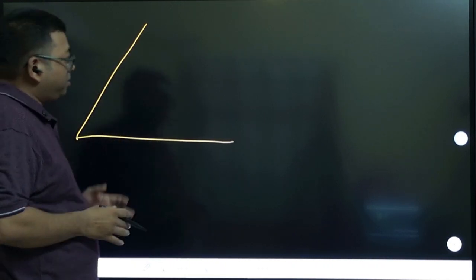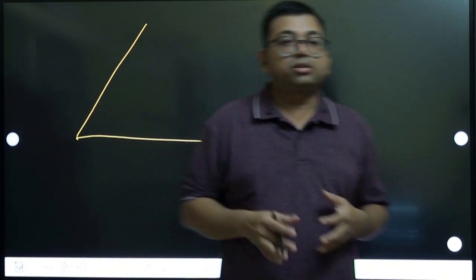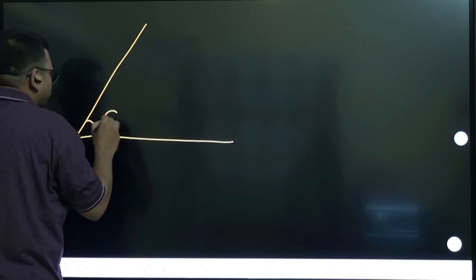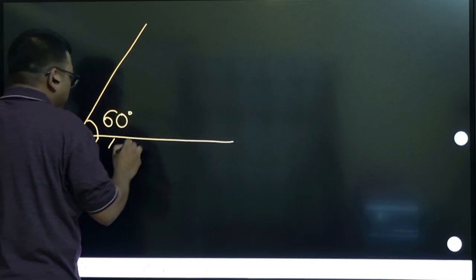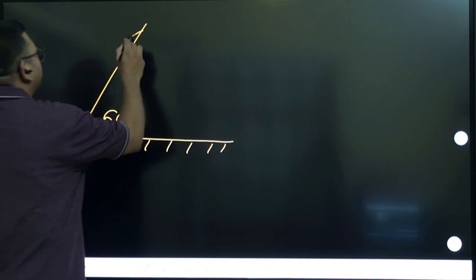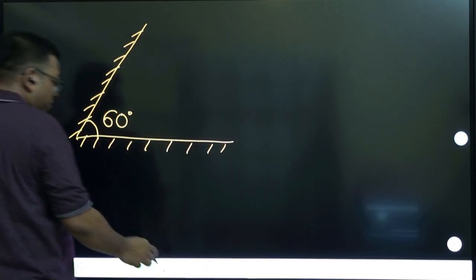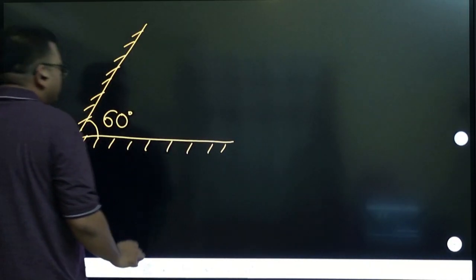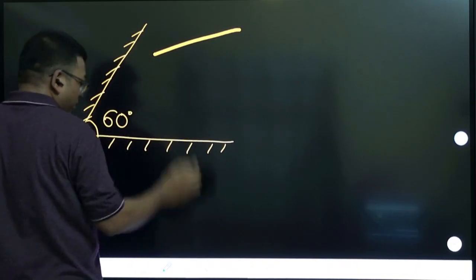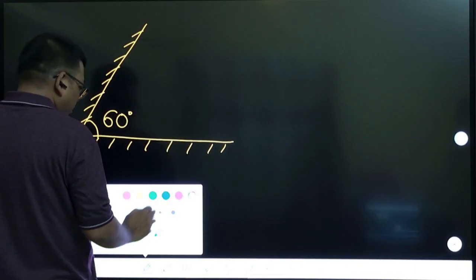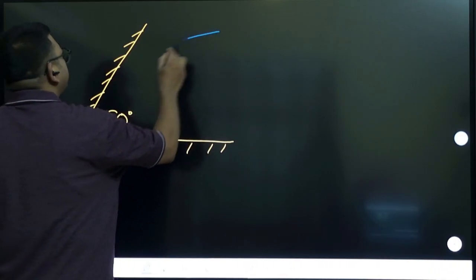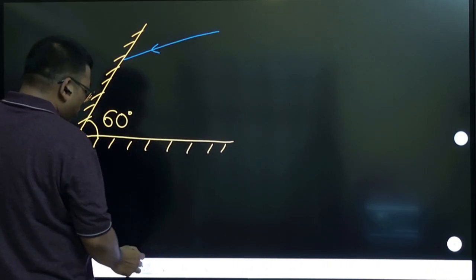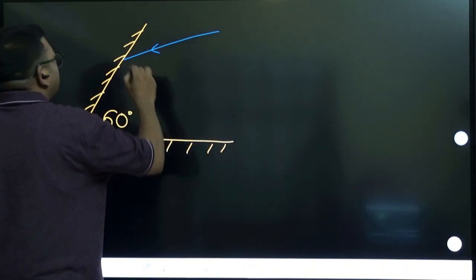Let us start with one very important question, one that comes in NEET most of the times. Let us say that there are two inclined mirrors, and the angle between them is 60 degrees. That is the angle between the two plane mirrors. Now, a ray of light is coming at some angle.